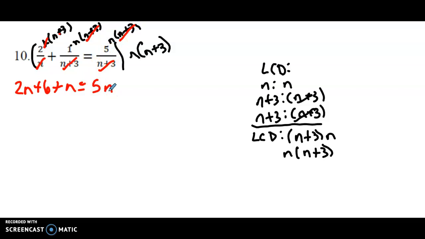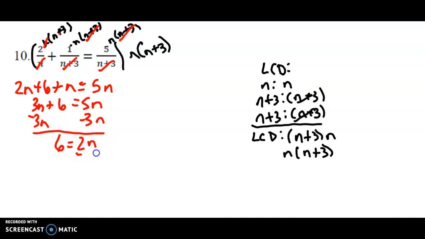And now I'm going to solve. Combine my like terms. 3n plus 6 equals 5n. Subtract 3n. 6 equals 2n. Divide by 2. n equals 3.